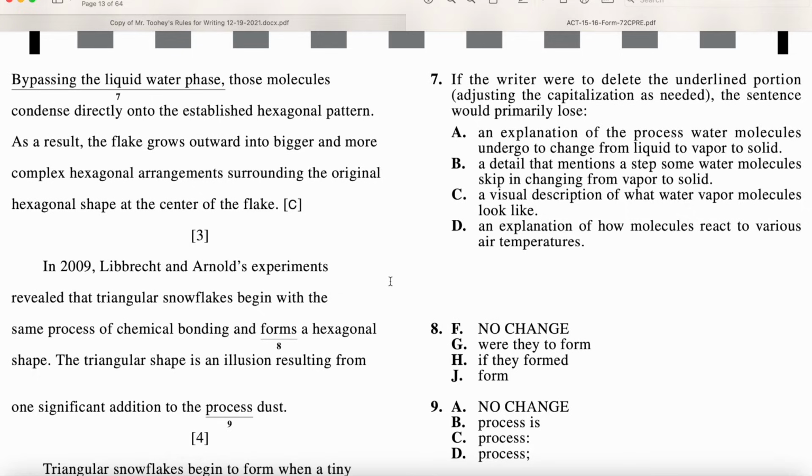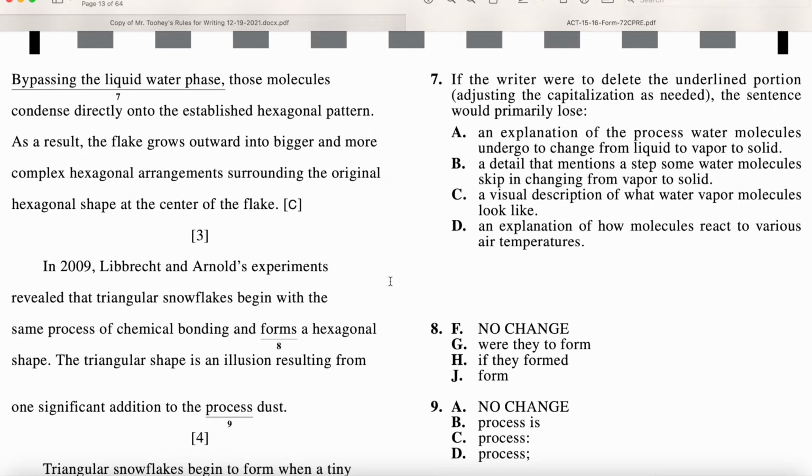Let's try answer choice G here. Let's plug that into the sentence. In 2009, Libert and Arnold's experiment revealed that triangular snowflakes begin with the same process of chemical bonding and were they to form a hexagonal shape. How's G sound? That does not sound good.